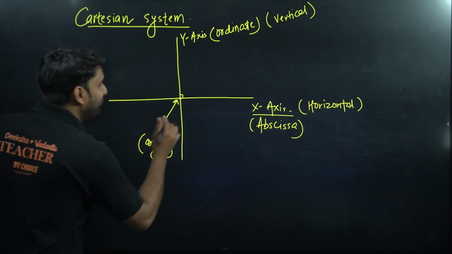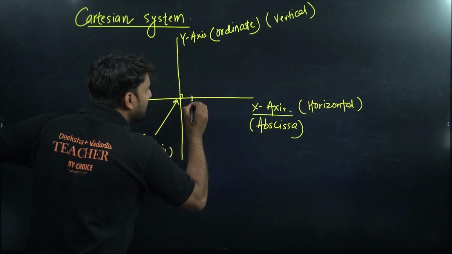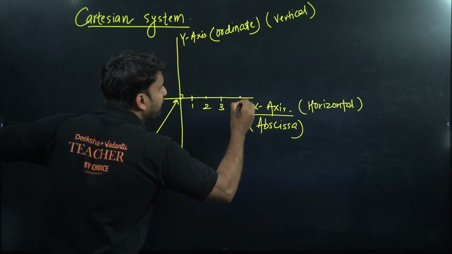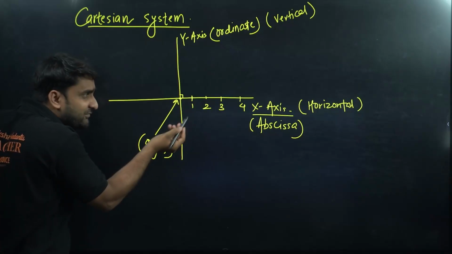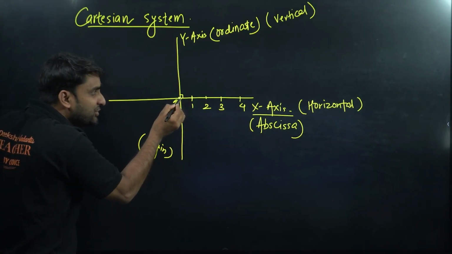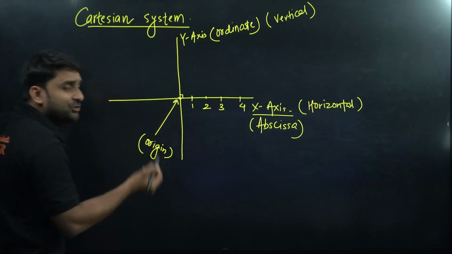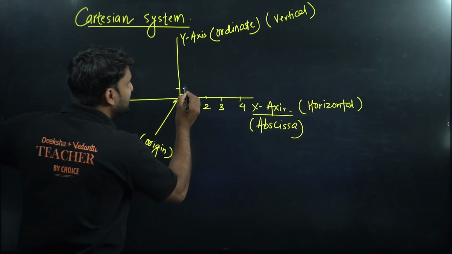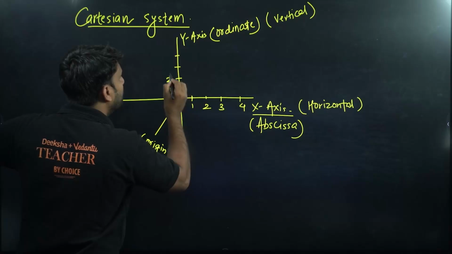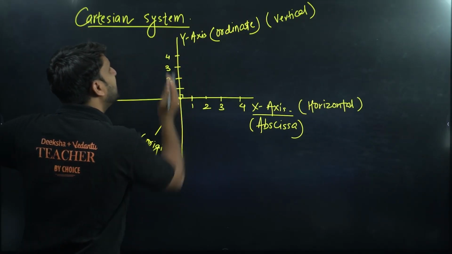Okay, so if we mark some points, let's say I'm starting from 1, 2, 3, 4. If this is the first point, 1, then the origin on the x-axis is 0, and similarly for the y-axis the points start here: 1, 2, 3, 4, in increasing order.